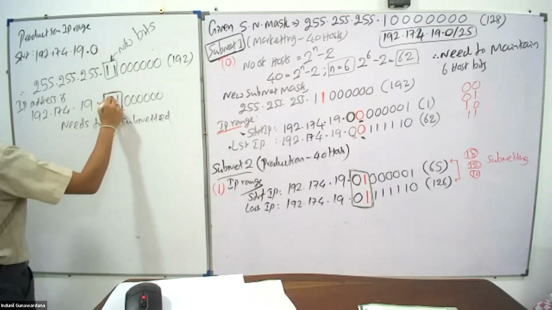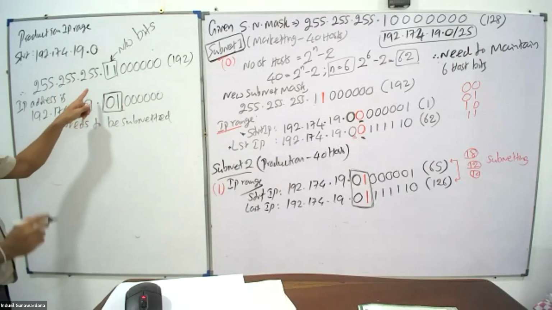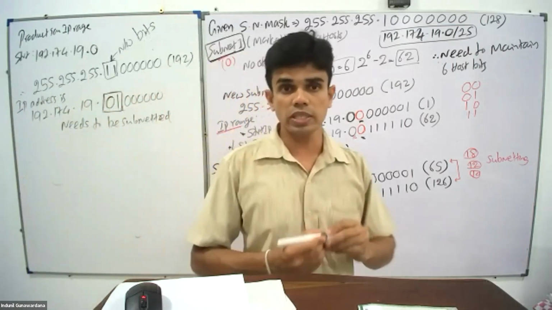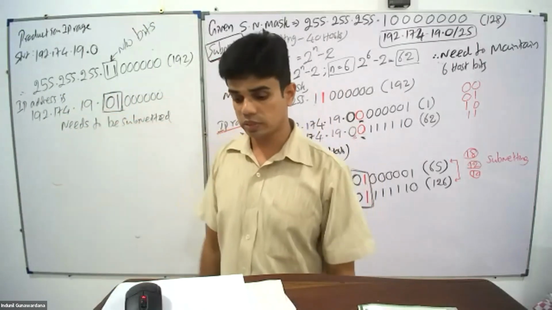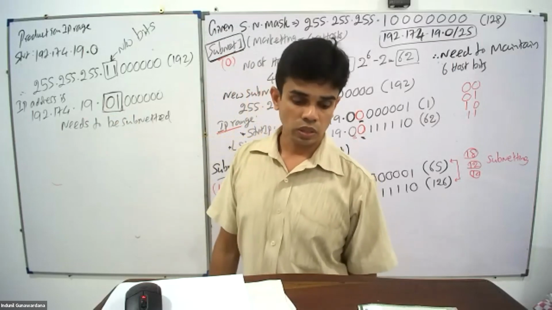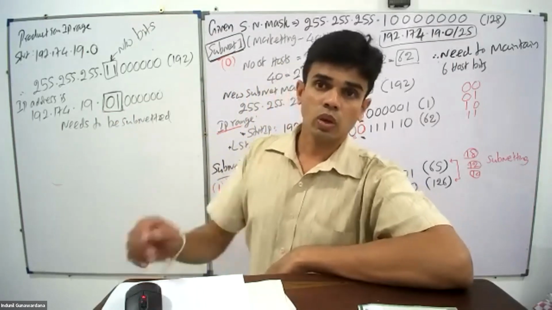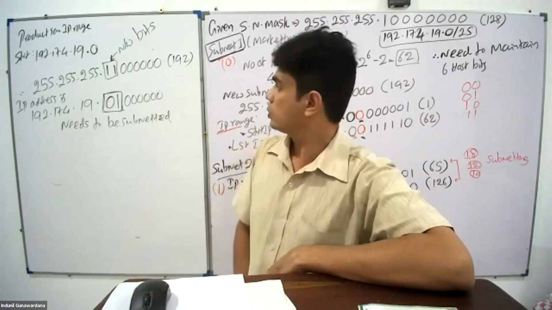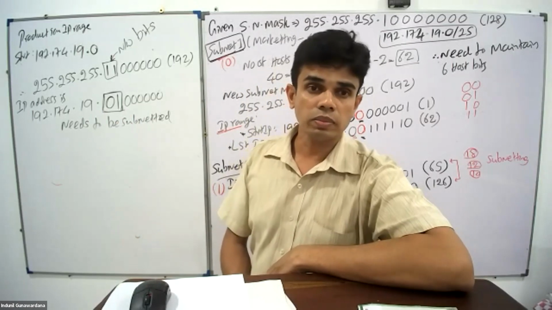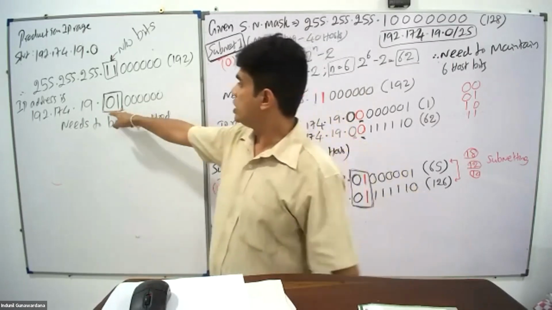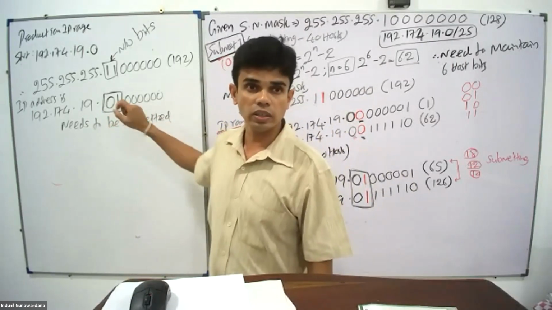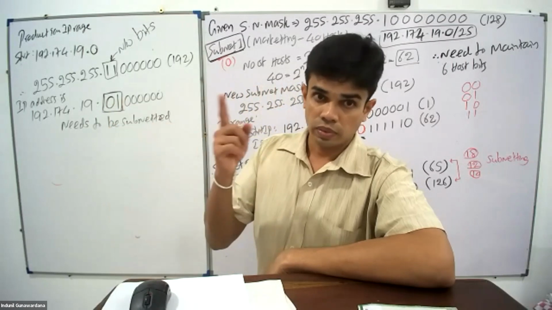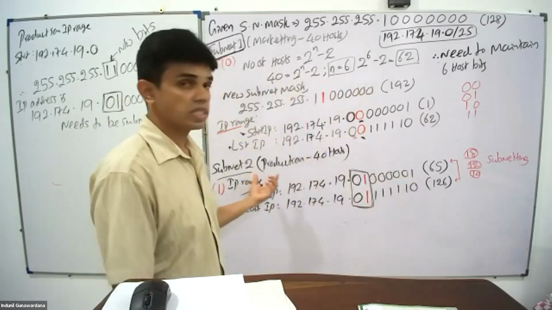Therefore, the first two bits of the last octet of the IP address must also be maintained as 0, 1, always, within brackets, right?